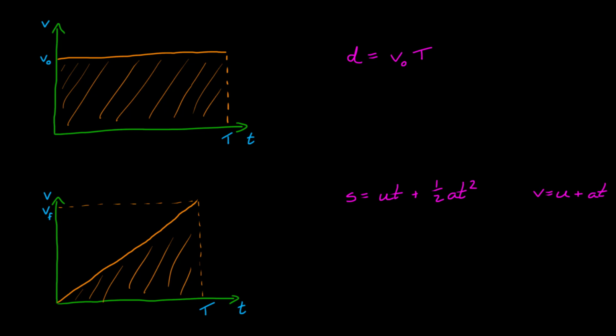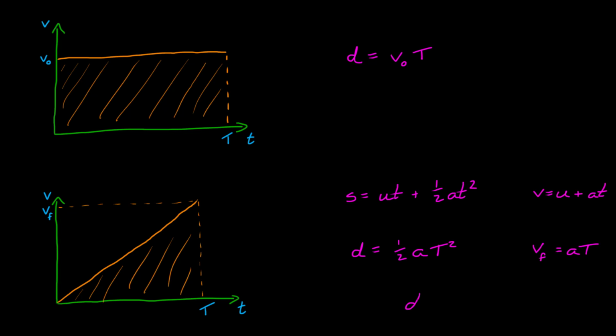We also have that the final velocity of a particle is equal to its initial velocity plus the acceleration times t. Since our particle starts with an initial velocity of 0 and moves over a time capital T, we have that the distance travelled equals half a t squared, and that the final velocity, Vf in our case, is equal to a times t.